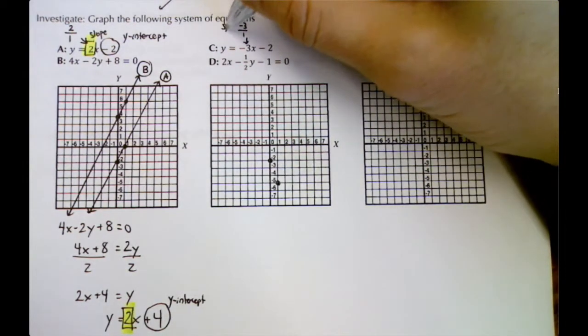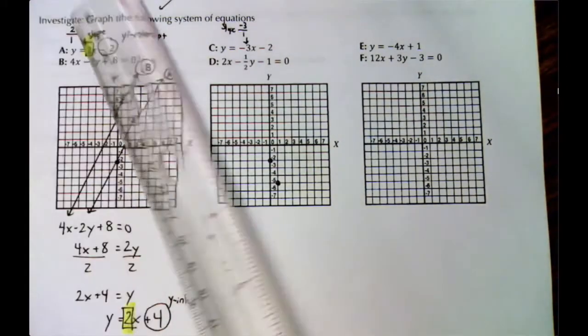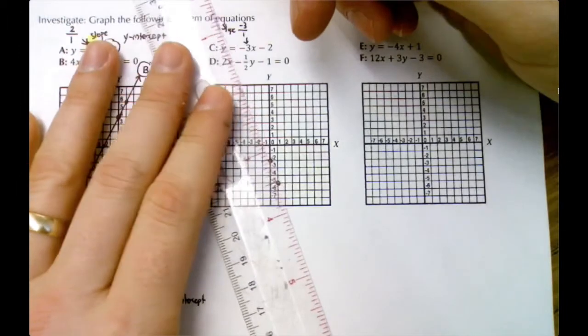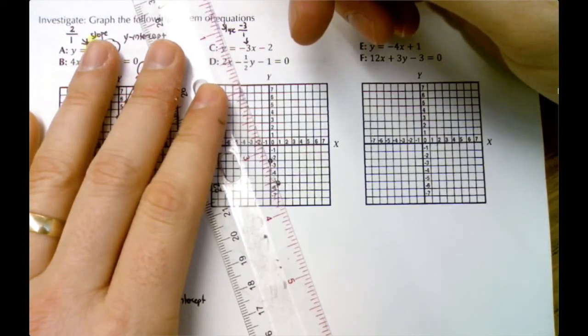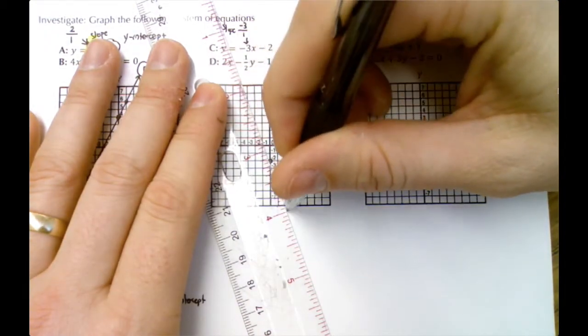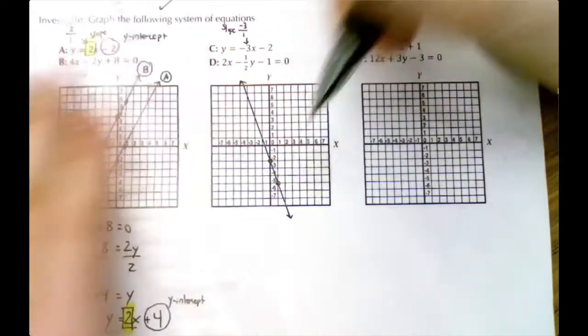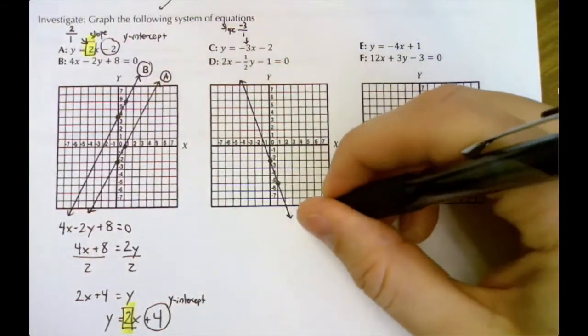That's our slope. So with 2 dots, we can connect them with our ruler. And there's line C.